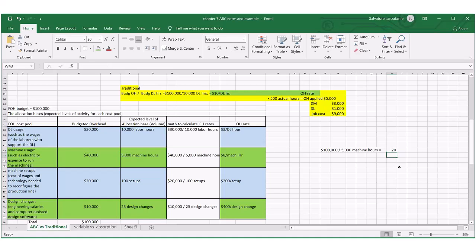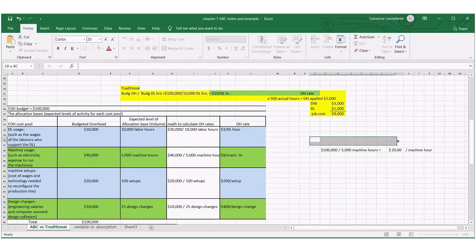So we would get $20 per machine hour. So I'll label this if we used machine hours here.